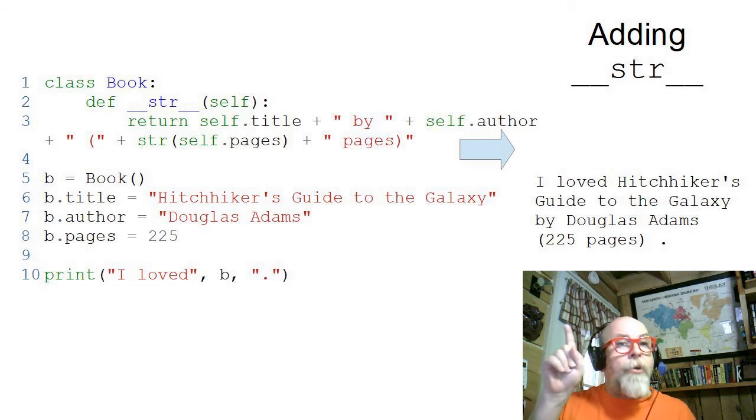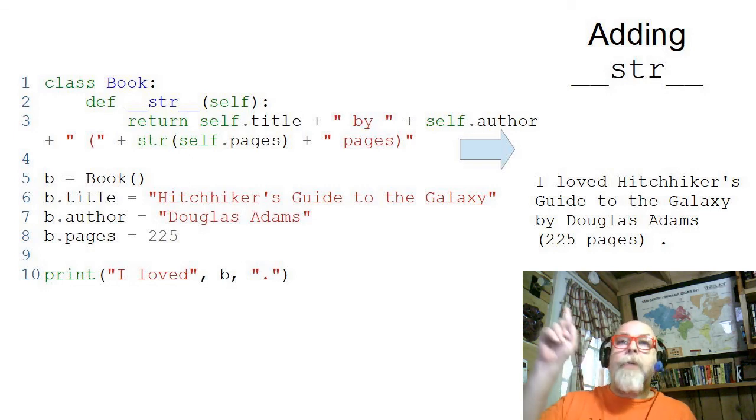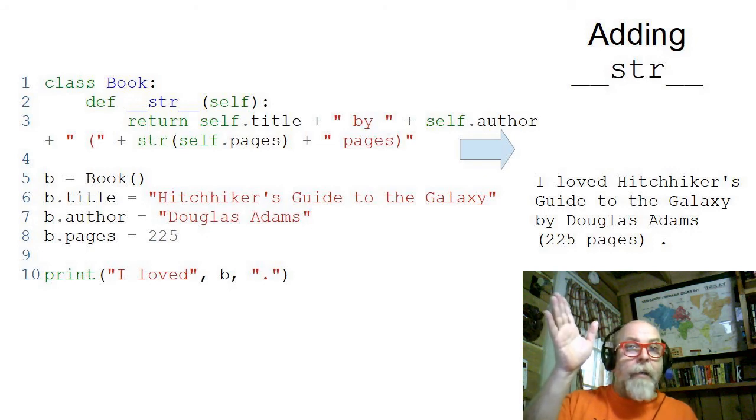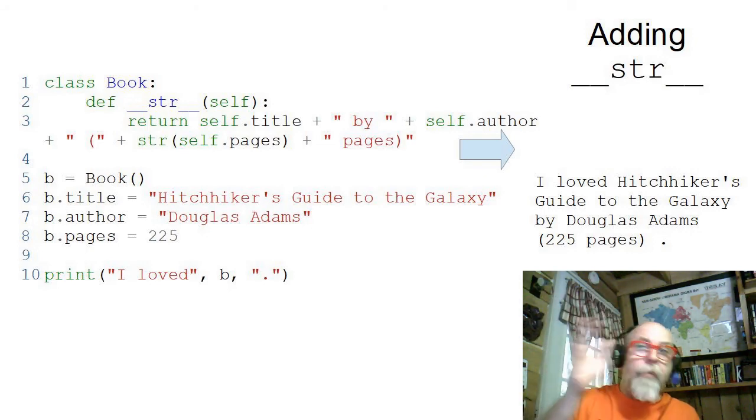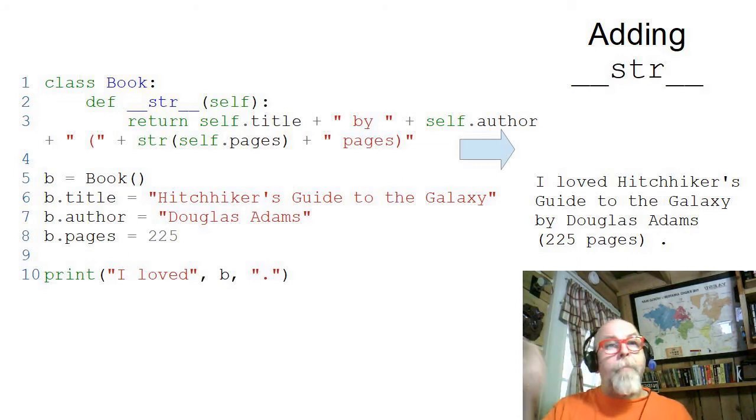It should return a string and let the program outside that's using the toString method handle it. Let it either add it to a list or print it or whatever it's going to do to the string that's returned. So on line 3, it creates a string, self.title by self.author, and then the number of pages. You can see it creates a string and returns the string back from the str method.